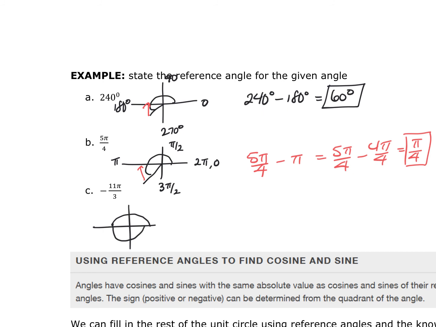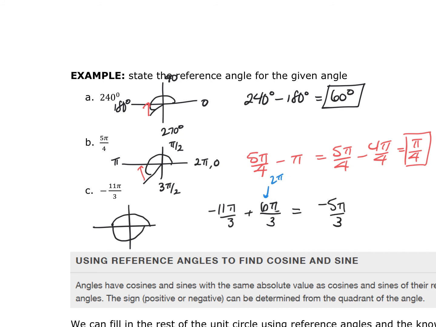I take negative 11 pi over 3 and add 6 pi over 3 to it, since I know I've done at least one rotation. That's the same thing as adding 2 pi and then having the common denominator. So when I do that, I get negative 5 pi over 3.